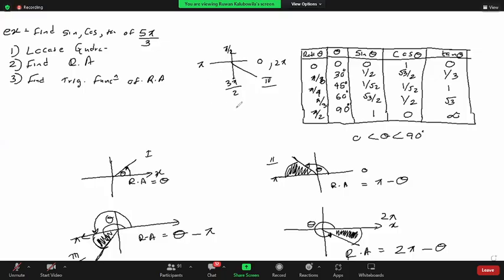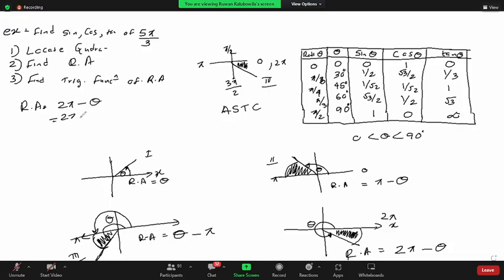We know that in the fourth quadrant, cos is the positive term. Right. Okay. Let's write the reference angle for this. The reference angle should be 2π minus theta. Now we have a value for theta.